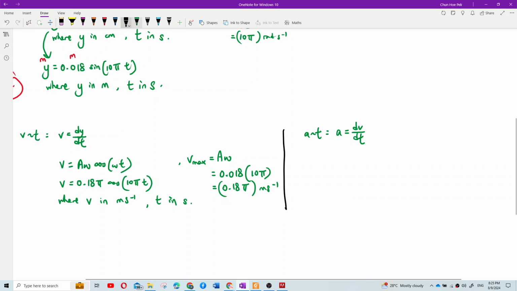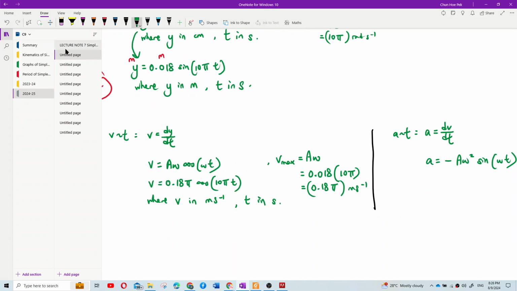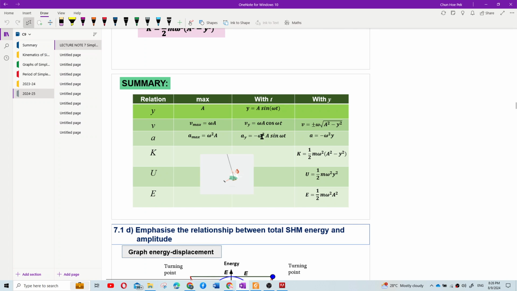Acceleration equal to negative A omega square sine omega t. Correct or not? I always like to write A omega square. So negative A omega square sine omega t. Correct?